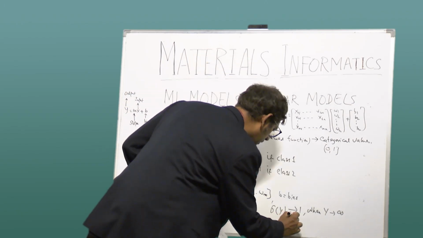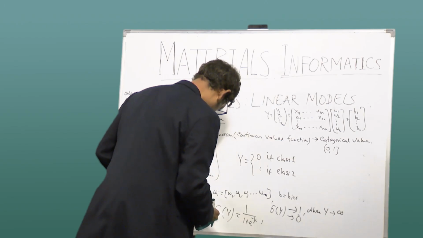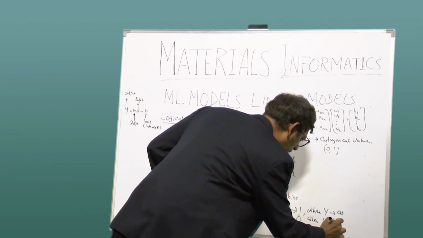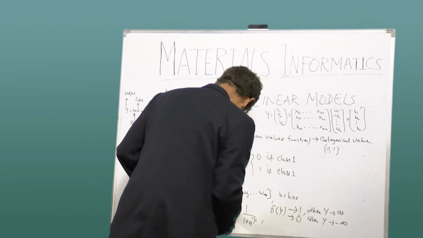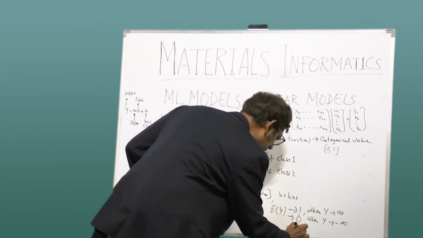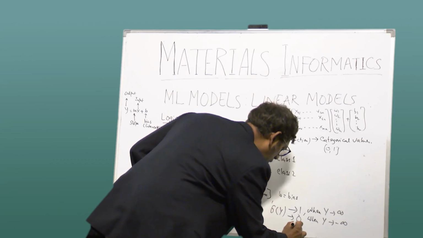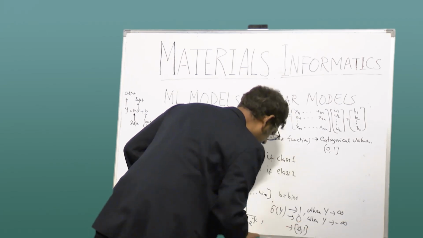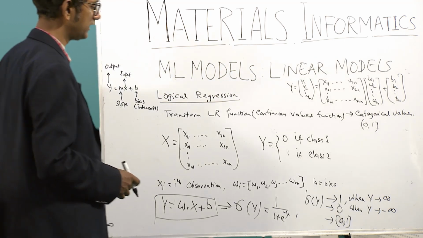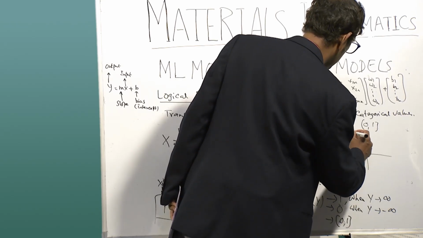It tends to 0 when y tends to minus infinity, and it is basically bounded between 0 and 1 in other regions. Okay, that is the plot you have seen for this function I plotted.